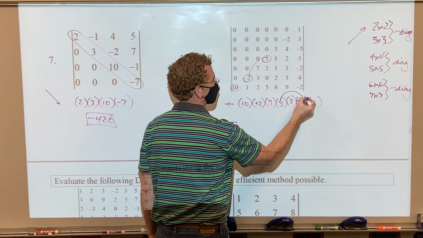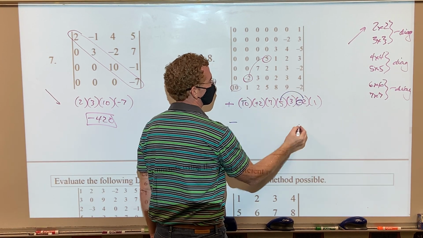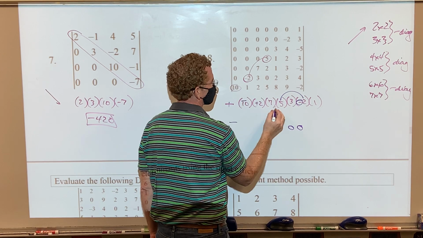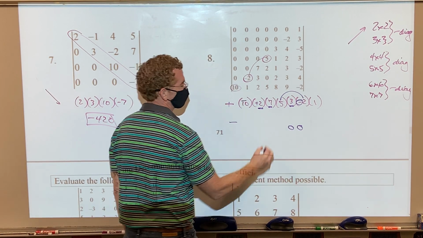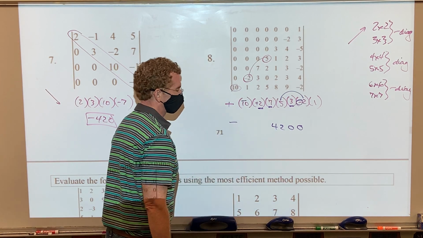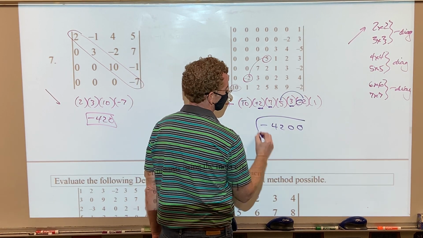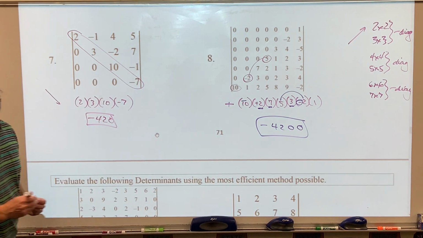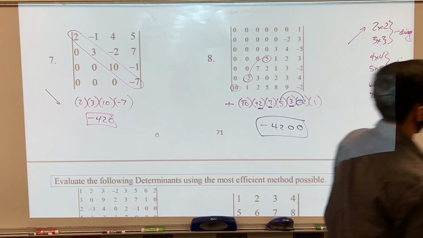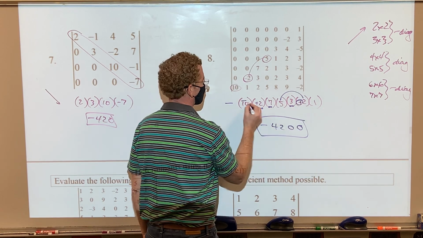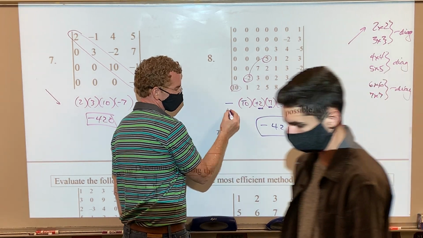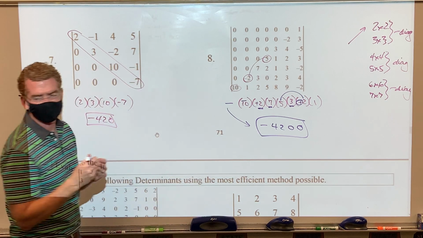And then that times that's a 10. I already got a 10. That tacks a couple zeros on there. So all I really have left is that 2, that 7, and that 3, which is a 42. So 4,200, but negative. If I were you, I would definitely set it up and have this negative sitting out there so I can see it, even if you make a careless error multiplying it together.